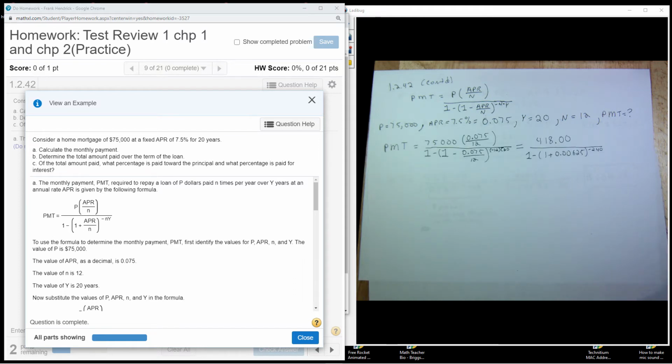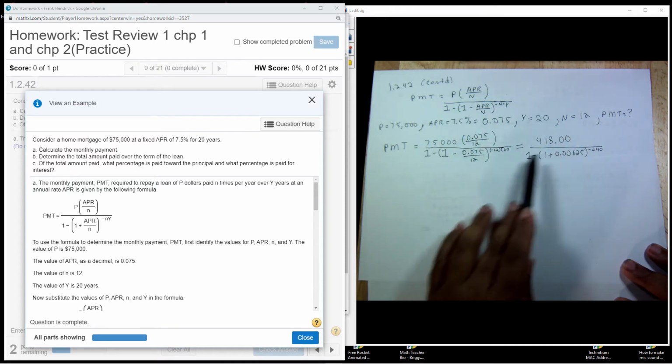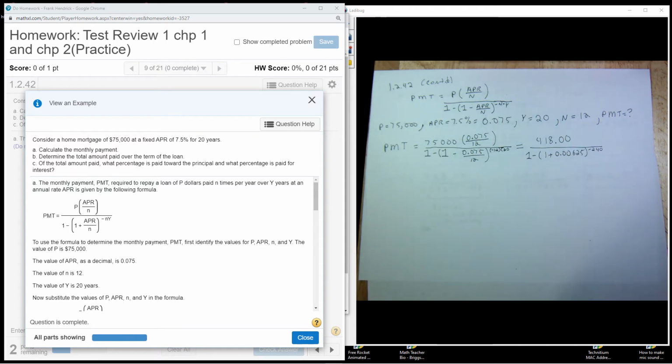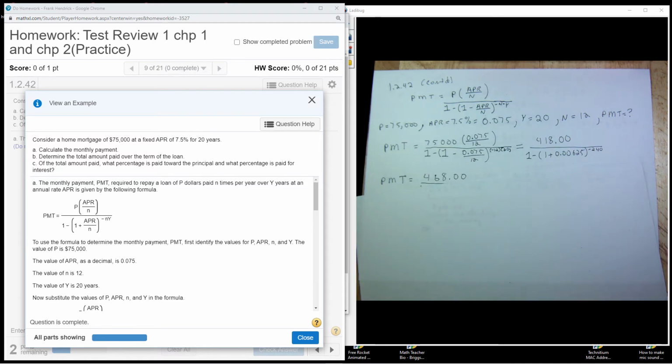So notice what I did. I wrote out the formula, I assigned values to my variables, and then I plugged in. Then I simplified my numerator, then my denominator. So I have this value here, 1 plus the rate, raised to the negative 240.